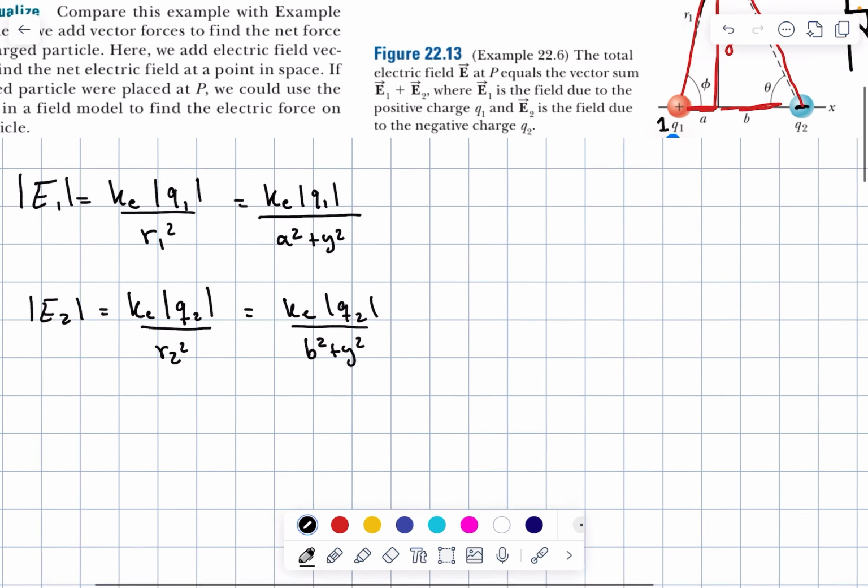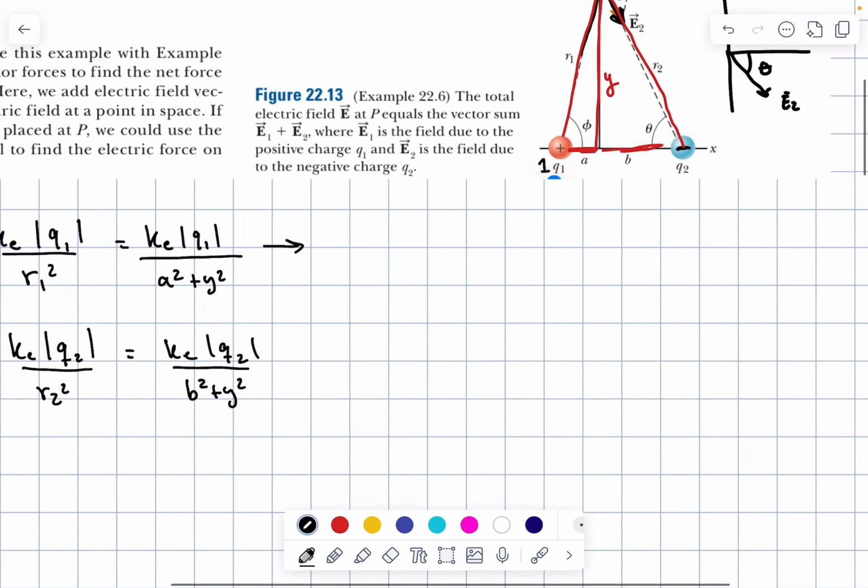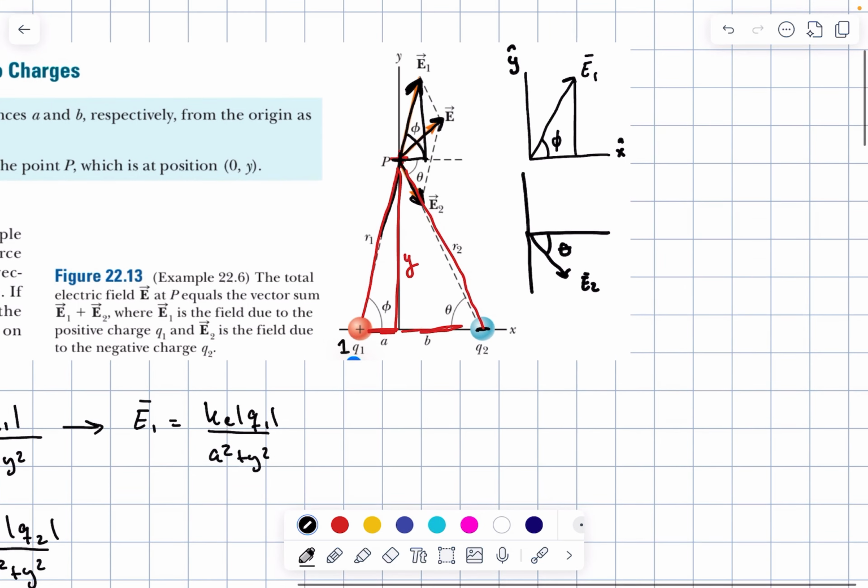Okay, so the next thing to do is find where E1 is pointing. The first thing we have is the magnitude, we already know this. And then we look at its angles. We know E1 is going to be pointing in this direction, making an angle phi with the horizontal, because right here it is following this path, making this angle phi.